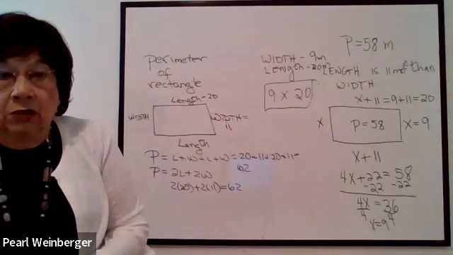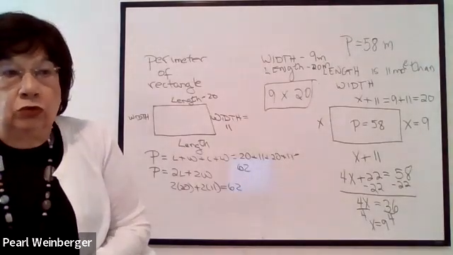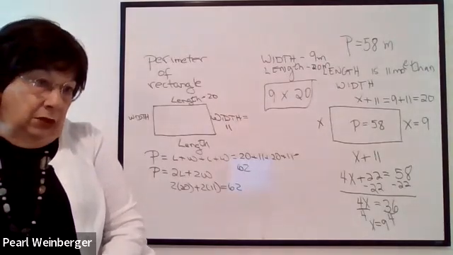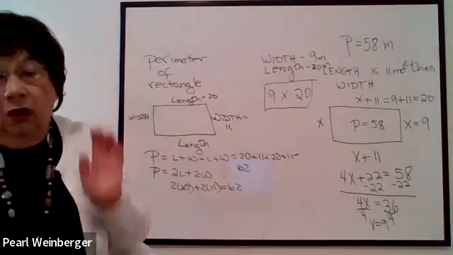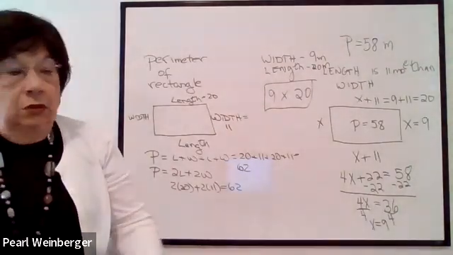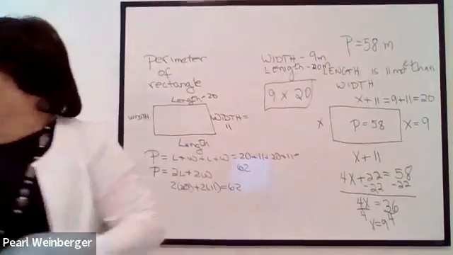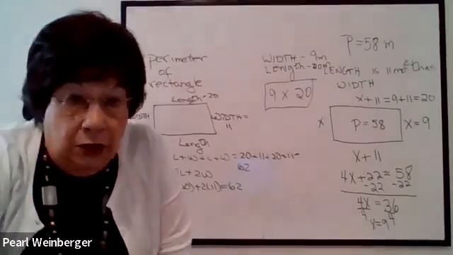Friday, we are going to be starting again how to do what's called coordinate geometry graphing on an X and a Y axis. I'm sure some of you have done that before, but that's what we're going to be doing. Any questions?